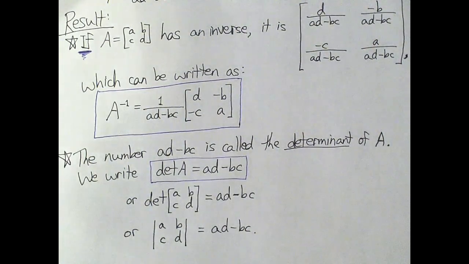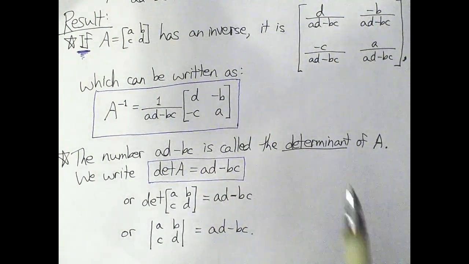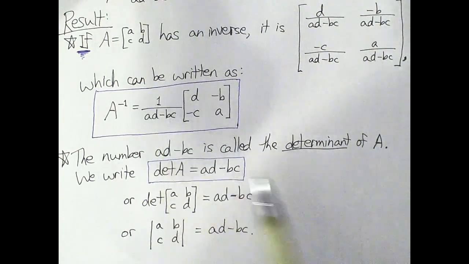Do they have inverses? Is there a formula for them? Is there such a thing as a determinant of a larger matrix? Because so far we've only said how to find the determinant for 2 by 2. Well, the answer is yes. The determinant and inverses exist for those larger cases, but it's not the same formulas, so we're going to have to talk about those separately.